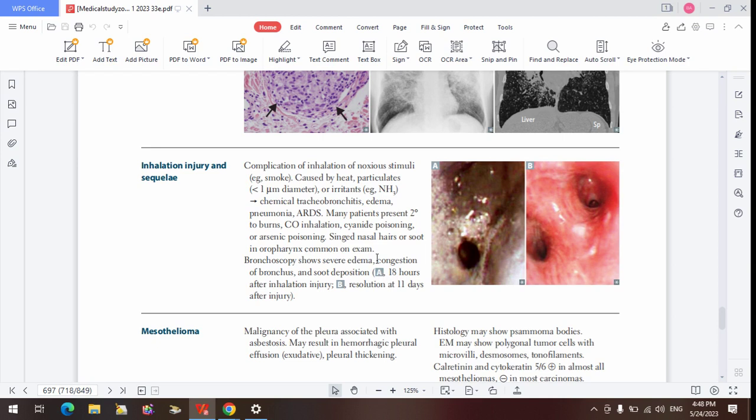You are going to see evidence of acute inflammation, especially during the first 18 hours after the injury. So you see cardinal signs of inflammation: redness, congestion, swollen edematous areas with deposition of soot within the bronchioles. Then after 1-2 weeks, you have resolution of the inflammatory process. So that's that about inhalational injury.